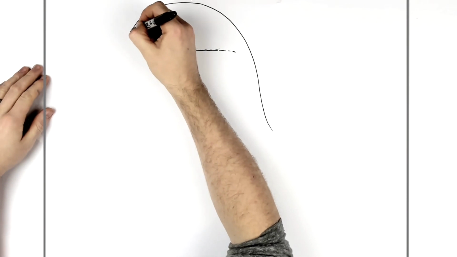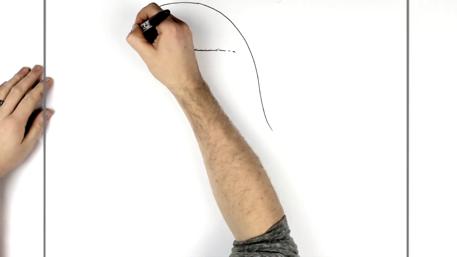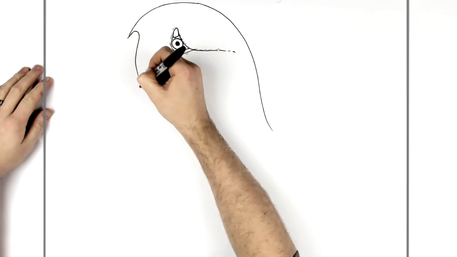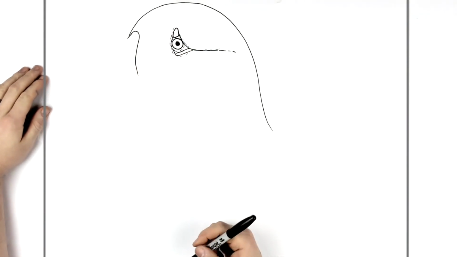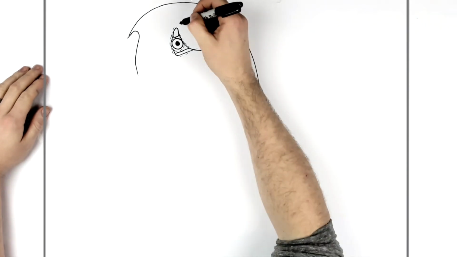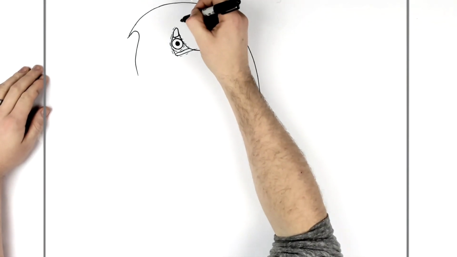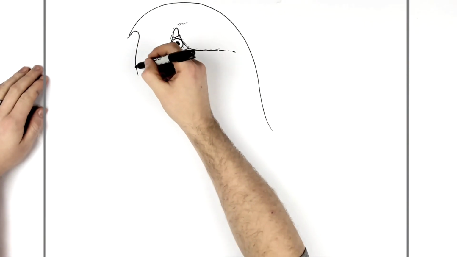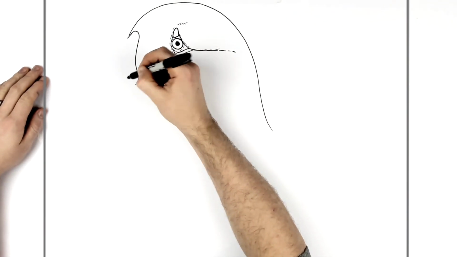Let's say it comes around like this. Maybe just some more texture going back that way. And then this curves around.